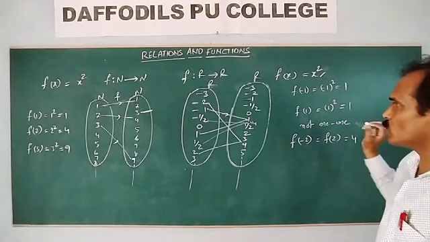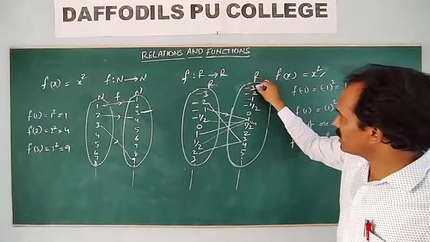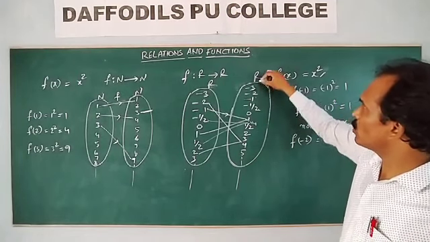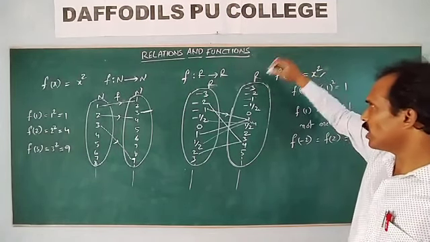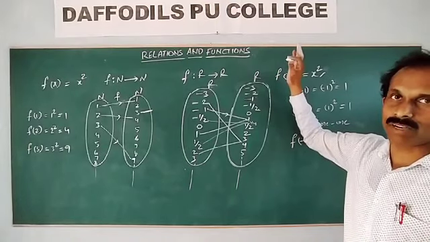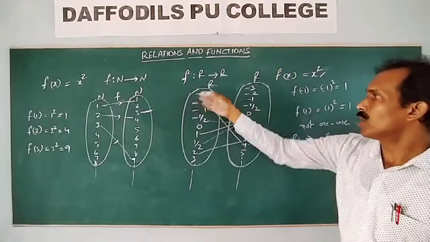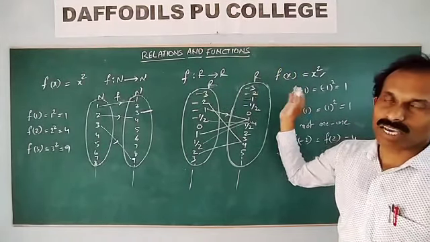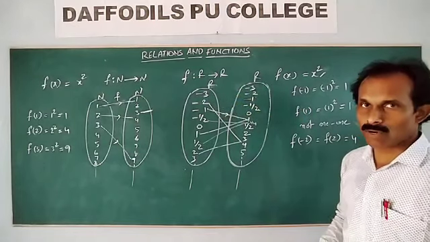So for the values below zero, like -4, -3, there is no mapping; they are not associated with any element of the domain.